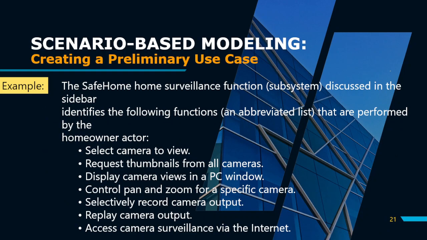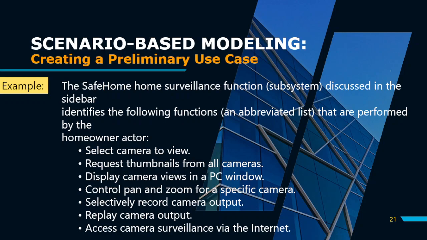Here is an example, the home surveillance function. This surveillance function has an actor called homeowner, and the functions he performs on that system are: select a camera to view, and request thumbnails from all the cameras, so you can see all the cameras at the same time.